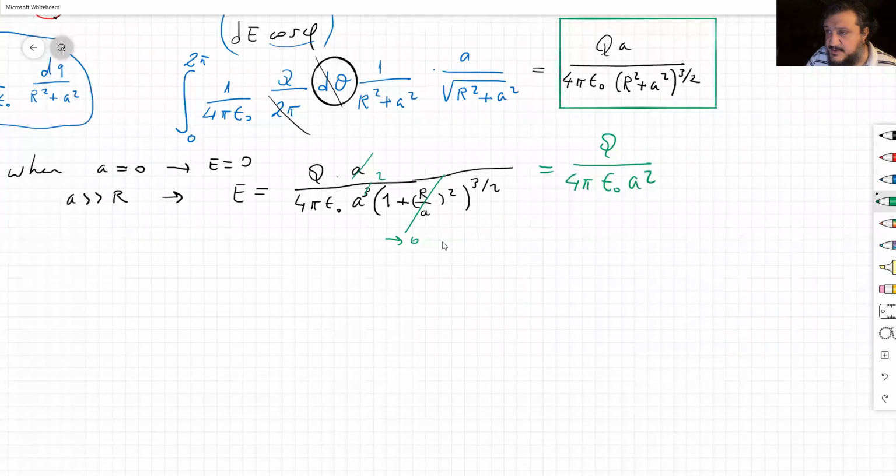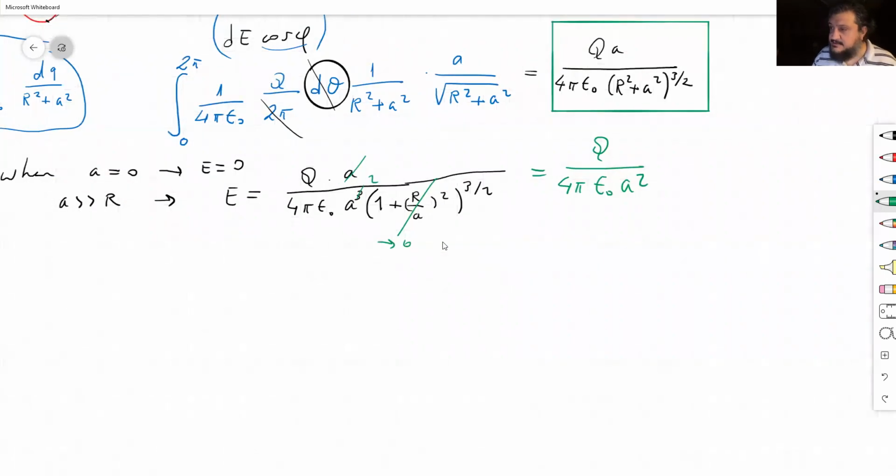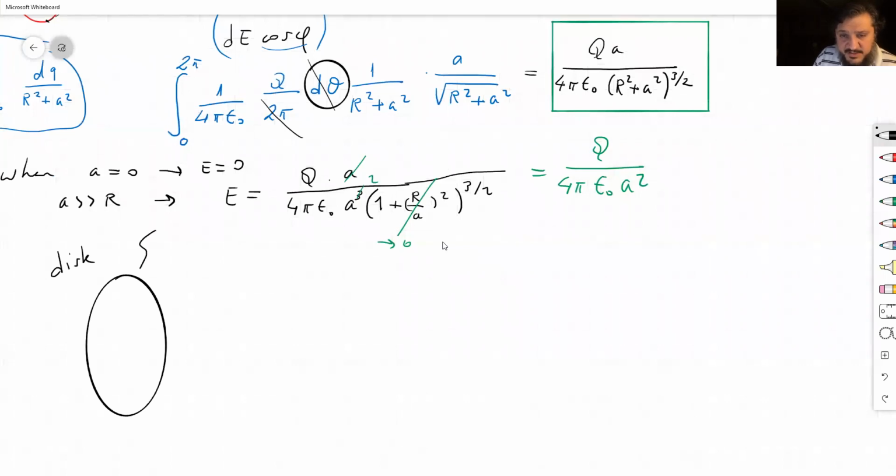I'm gonna put this where I can still see it. So now I'm gonna take a disk instead of a circle. This is a disk, but a uniformly charged disk. Charges everywhere on the disk. Looks like an egg, but it's still 2-dimensional. Okay, it's not an egg, it's a disk.